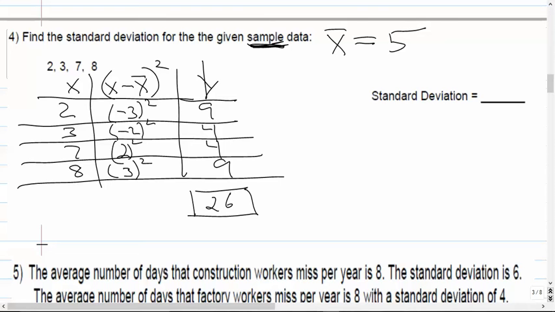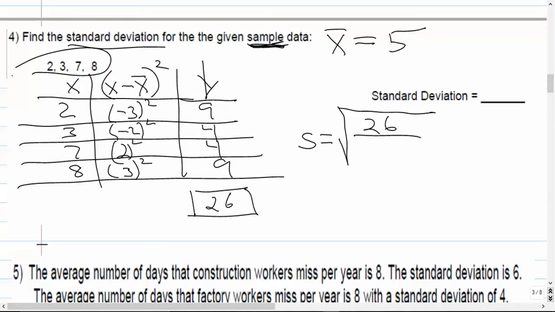Okay. Now, the next thing I know is I'm working with sample data, and the standard deviation for sample data is represented by S. I'm going to take the square root of the sum of the differences between the data and the mean squared, which is 26. But then you divide that by 1 less than the number of pieces of data you have. So I have 4 pieces of data.